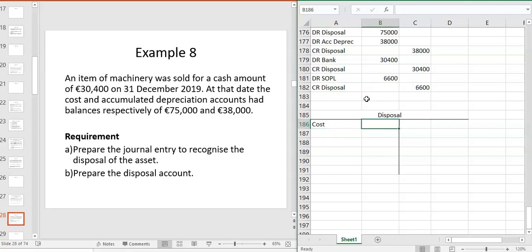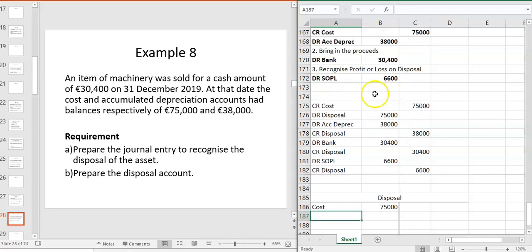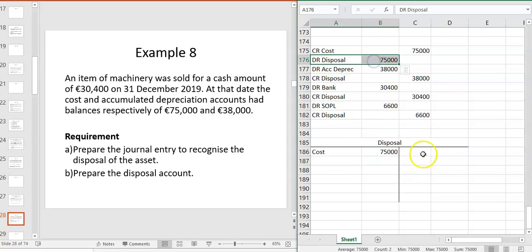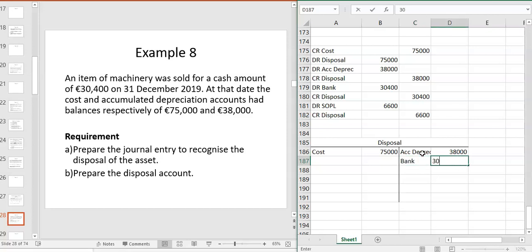You're just going to say cost 75 to match the debit you have up there. You're going to do accumulated depreciation 38. You'll do bank 30,400, and then you'll do SOPL 66. So when you tot them up, it balances both sides. And you've cleared out your disposal account.